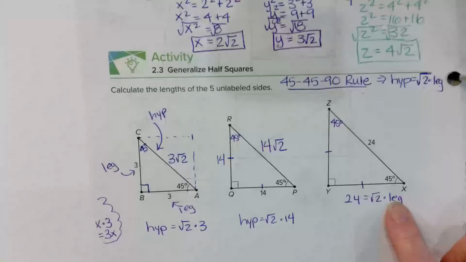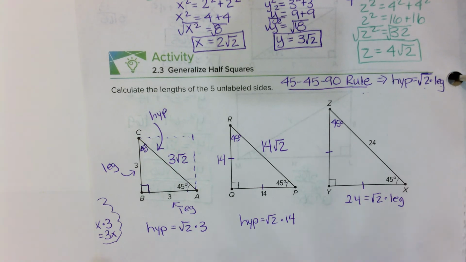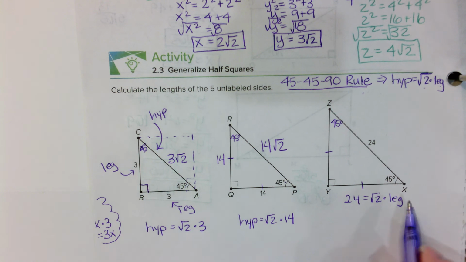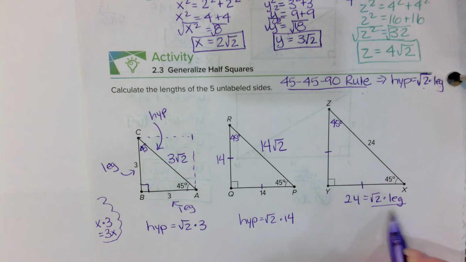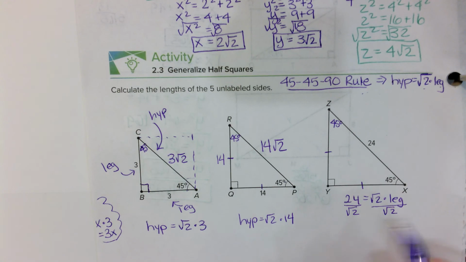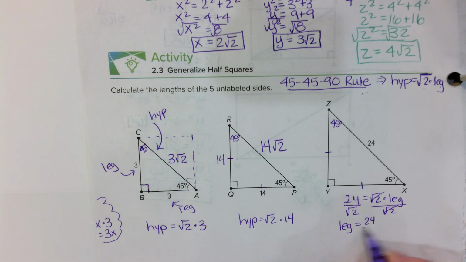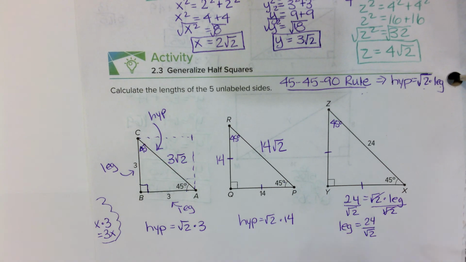If you're more comfortable writing x here, you could just write an x for your variable. Okay, so in order to get the leg's length by itself, I have to divide both sides by the square root of 2. So if it's okay with you, I like my variable to be on the left side. So I'm going to write my leg on this side equals 24 over the square root of 2.